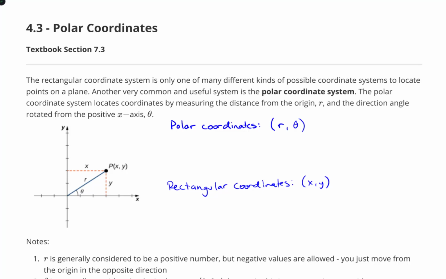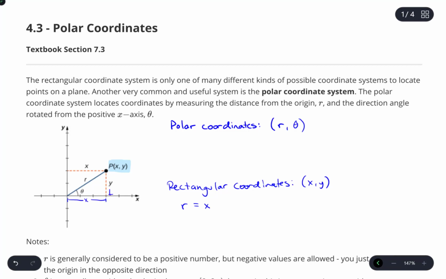So for instance, on a rectangular grid, if I have the point P, which has the coordinates x and y, I can figure out what the value of r and theta are using a little bit of trigonometry. So for instance, r, based on a set of rectangular coordinates, is the length of the hypotenuse of a triangle formed with lengths x and y.